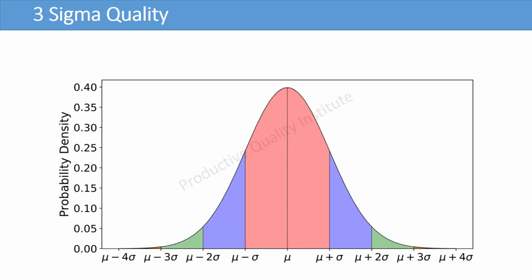For 3 sigma quality, consider the lower specification limit equal to mu minus 3 sigma, and the upper specification limit equal to mu plus 3 sigma. The area under the curve between mu minus 3 sigma and mu plus 3 sigma is equal to 99.73%.